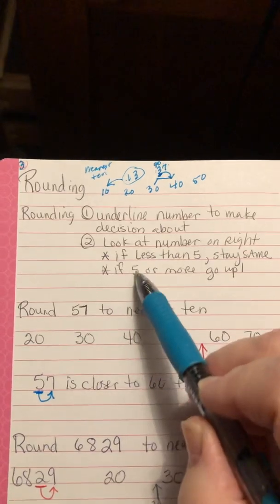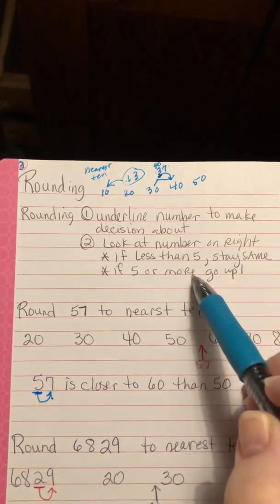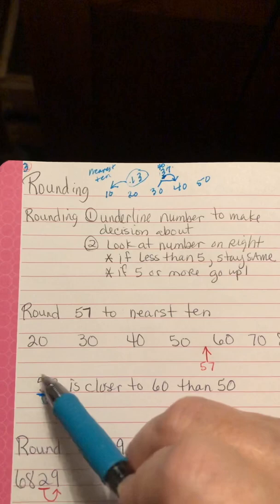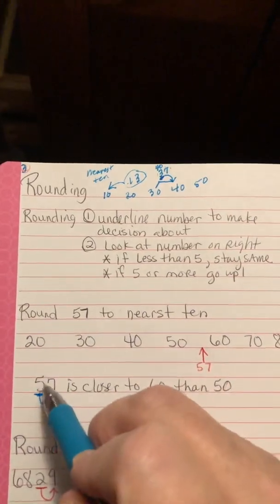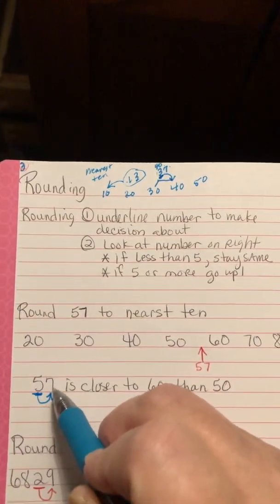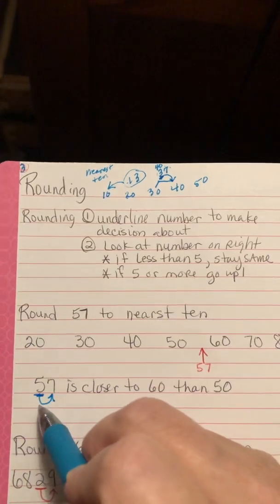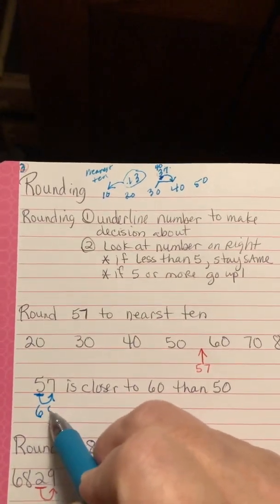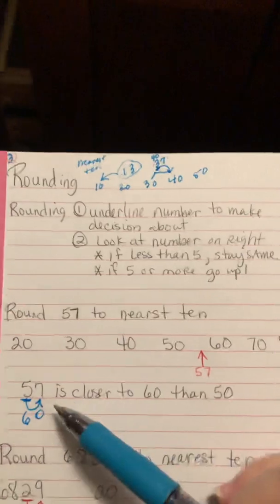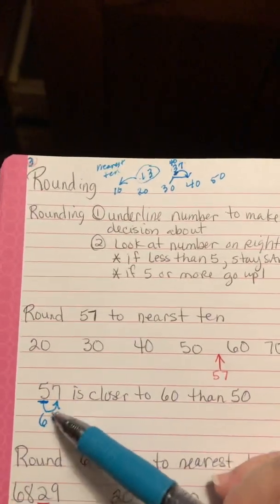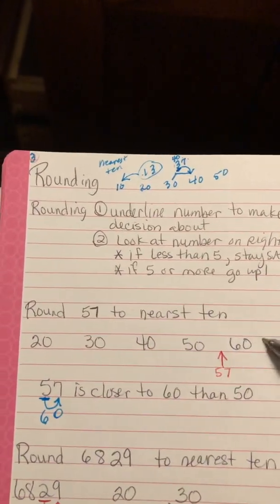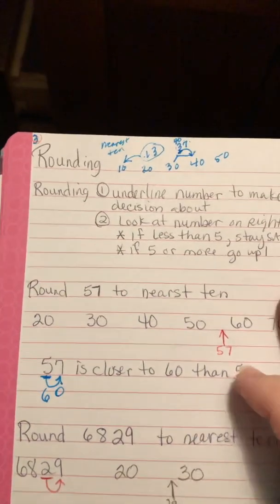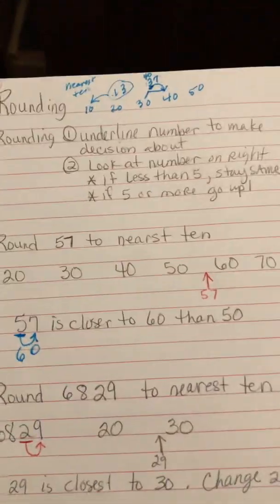If the number next door is 5 or more, then we're going to round this up 1. So since the number next door is more than 5, I'm going to turn this 5 into a 6, and then of course the numbers next to it become 0. So see how this method gives us the same answer as looking at the tens here. 57 is closer to 60 than it is to 50.